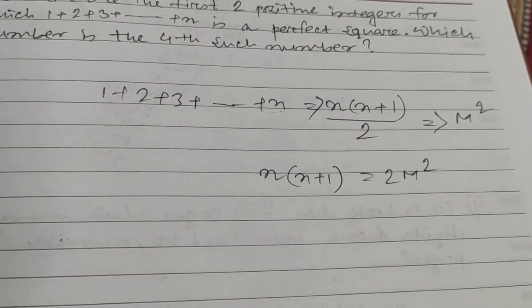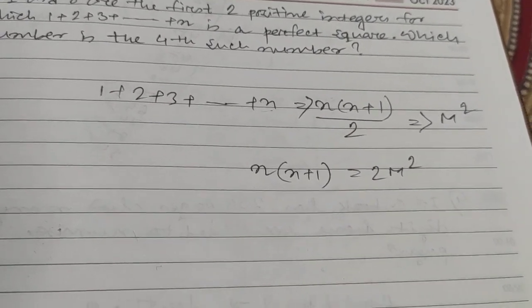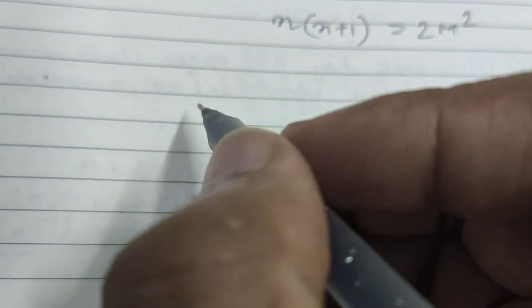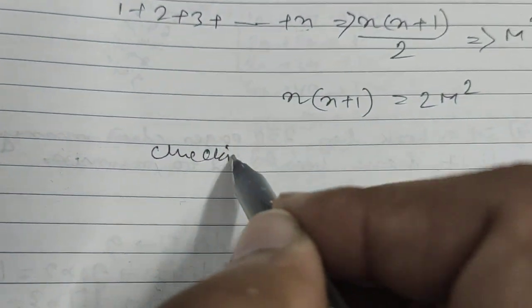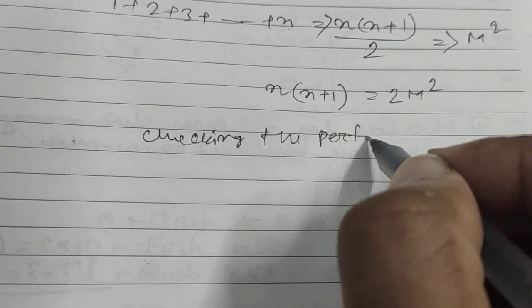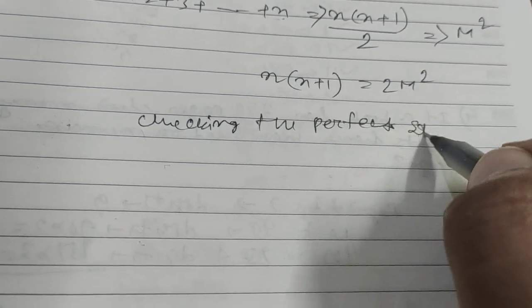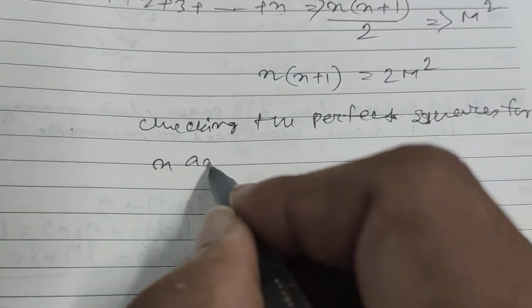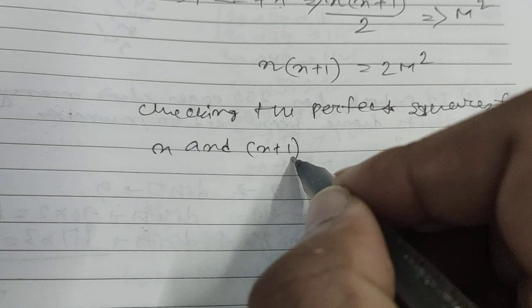Okay, so now checking the perfect squares for n and n plus 1.